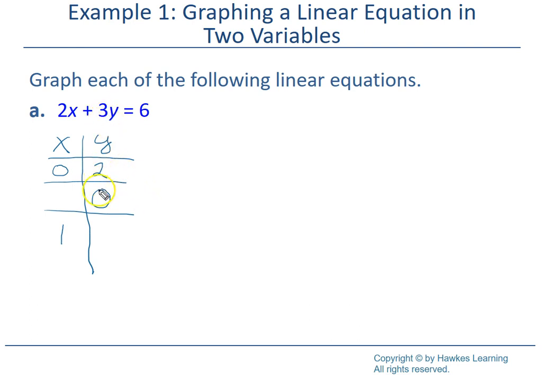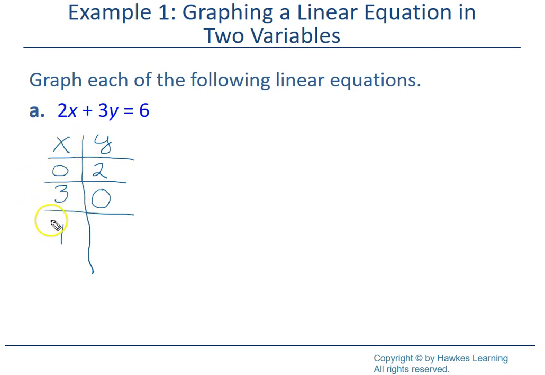Now, if this y here is a 0, 3 times 0 is 0, we get 2x equals 6. We just divide both sides by 2 and we get x is 3.